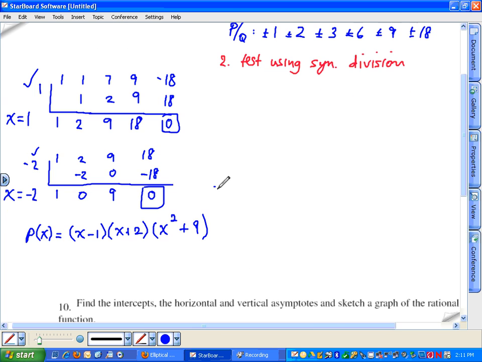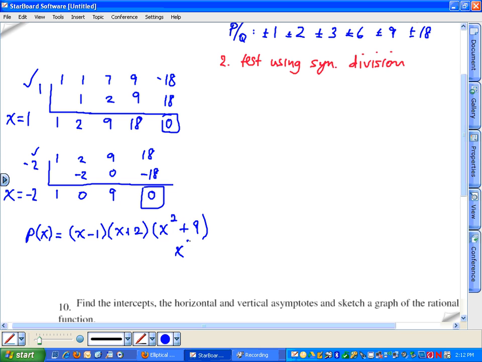Now it's not fully factored until all the factors are linear. This factor here is quadratic. Once you get it down to a quadratic factor, you no longer need to do synthetic division, because you can find the zeros of a quadratic factor either by factoring or by using the quadratic formula, or in this special case, which doesn't happen very often, since there's no linear term, just a quadratic term and a constant, you can find the zeros by using square roots.